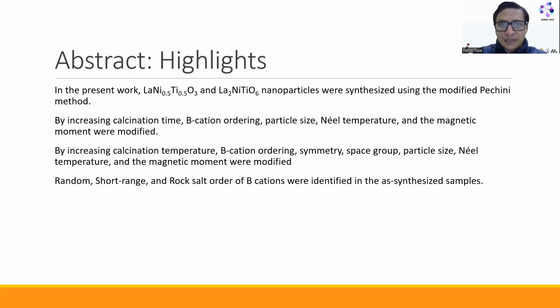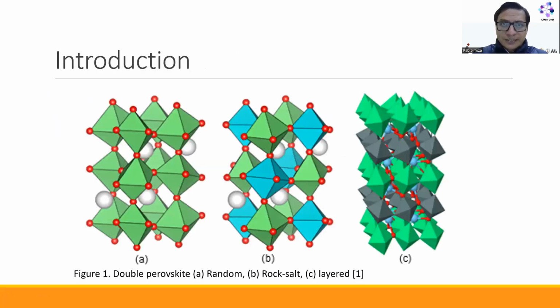Let's move to the introduction section and talk about the perovskites, which are materials that can be represented by the formula ABO3, in which A is an alkaline earth or a lanthanide metal, and B can be a transition metal.